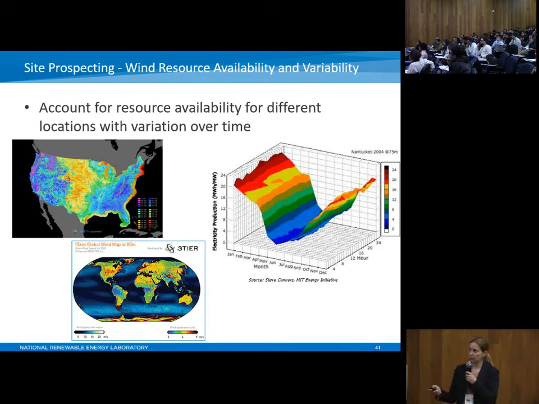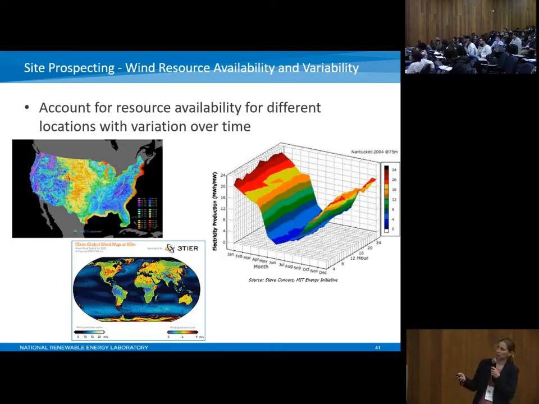So you look at the wind resource, mesoscale maps are readily available, so that gives you some preliminary idea of where resources are good. And so you start to look at those a little bit closer. Another thing that you want to look at is the seasonal variability of the resource. So wind resource varies over the course of a year, over the course of the different seasons, and even over the course of the day. You can have different diurnal profiles where winds can be stronger at night potentially, or during the day, depending on where you are.